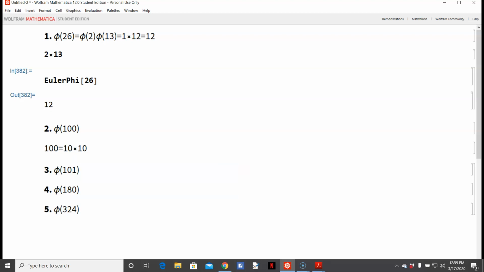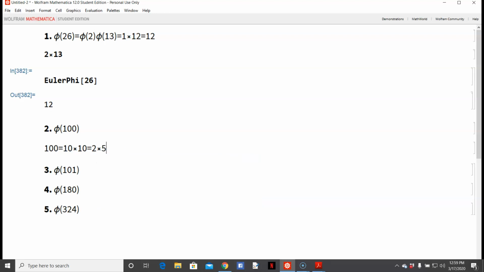But I can't take the Euler phi of 10 and multiply it by the Euler phi of 10. Those aren't relatively prime. 10 and 10 clearly share a common factor, namely 10. So while I could factor it that way, that's not enough. But I could keep factoring it. So 10 is 2 times 5.